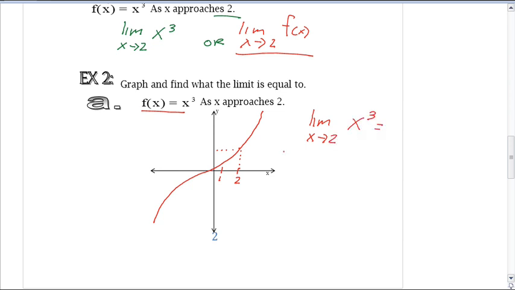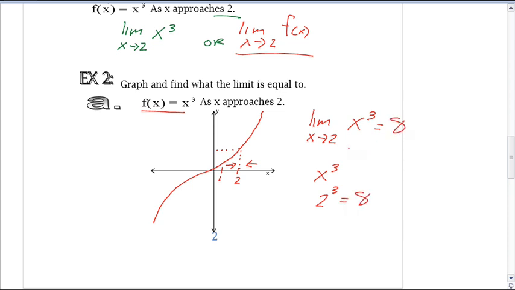It's really tough to see because my drawing is not perfect here, but basically what I would do is I would try to approach from the right and from the left to see what my height will be. Remember that I might never reach 2, but I'm going to get really, really close. Now, what you could do algebraically is just simply, the function is x cubed, plug in a 2. 2 cubed is equal to 8.